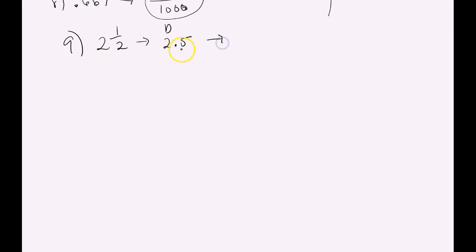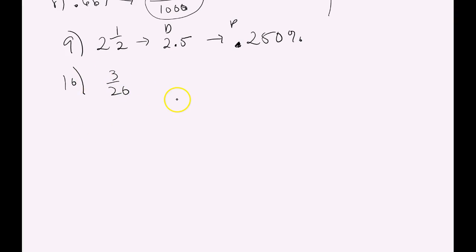And then we're going to make it a percent by moving the decimal twice, which way do we need to go? To the left or to the right? To the right. So this is going to be 250%.